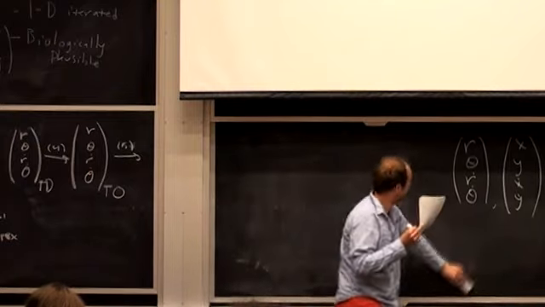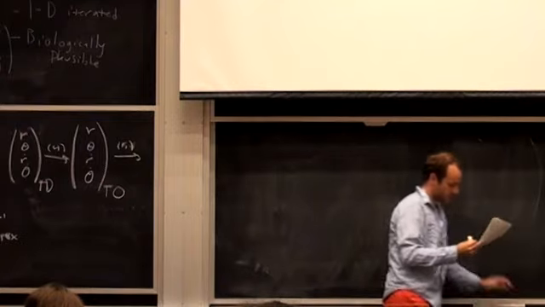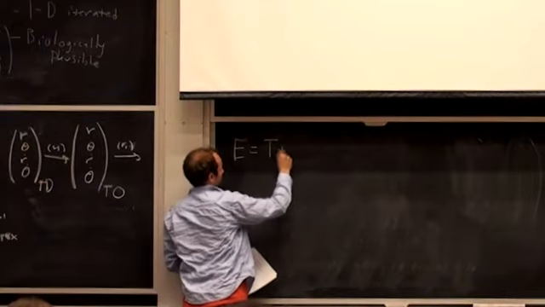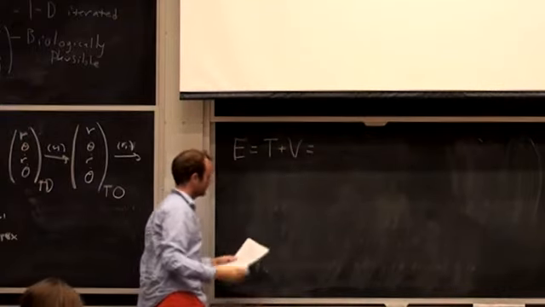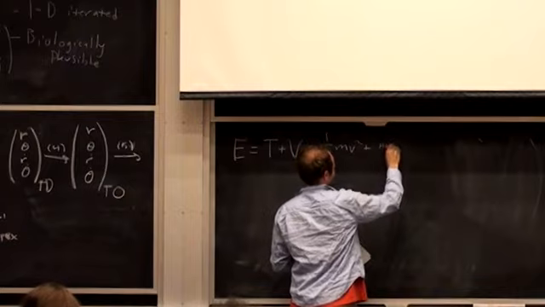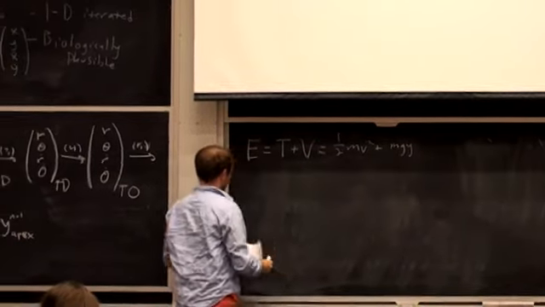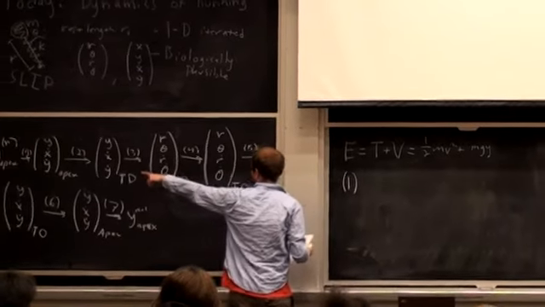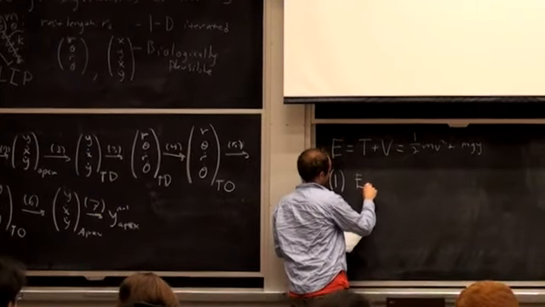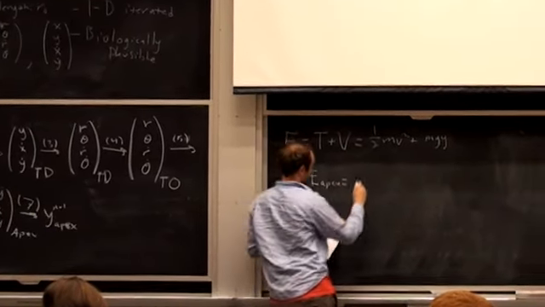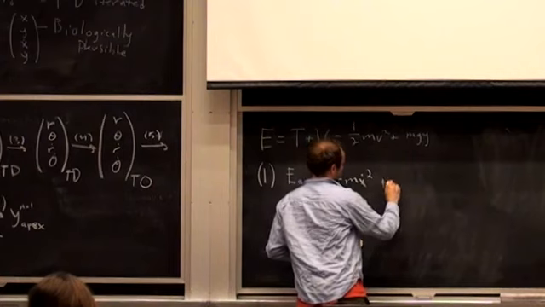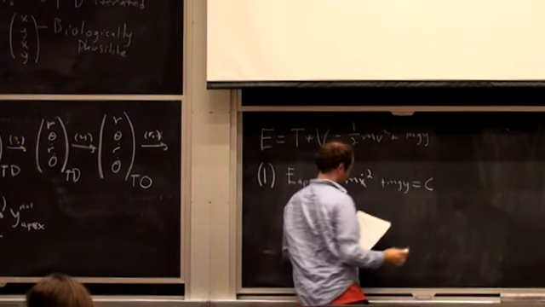So what we can look at first is the energy, which is our kinetic plus potential. Again, it is 1/2 m v squared plus m g y, right? So at the first step, if we want to take y apex and turn it into these guys, we can say the energy at the apex is 1/2 m x dot squared, because we know y dot is 0, plus m g y, and this is equal to a constant.